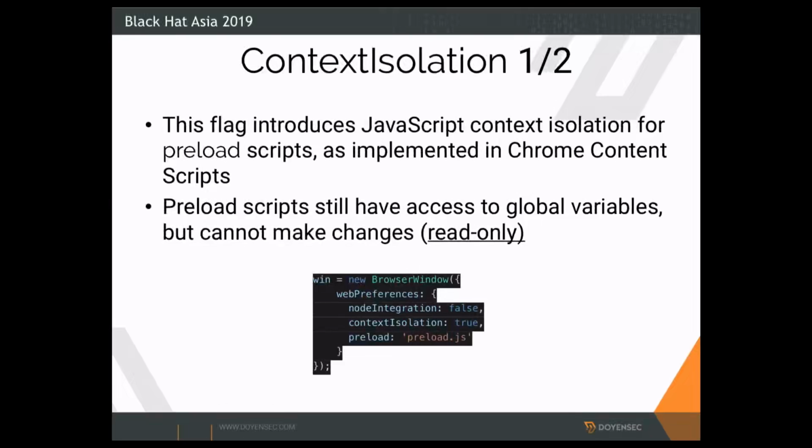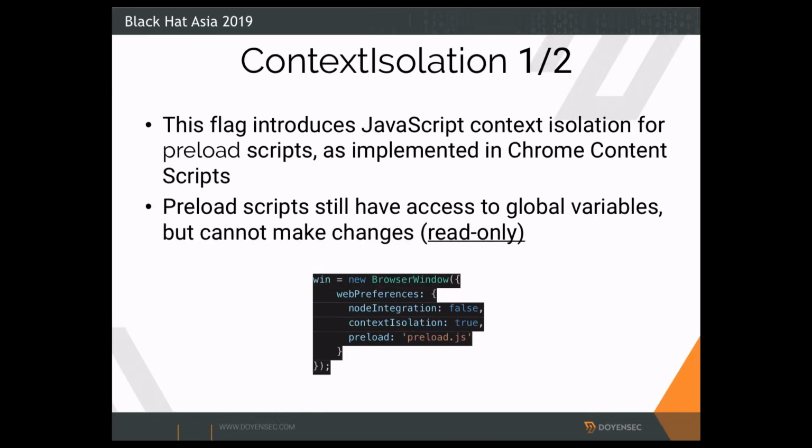Let me now introduce another flag, which is important for other discussion later on, and that's context isolation. Context isolation is a feature that is considered experimental, but it's there and will be there. They basically introduce context isolation between the preload script and the renderer.